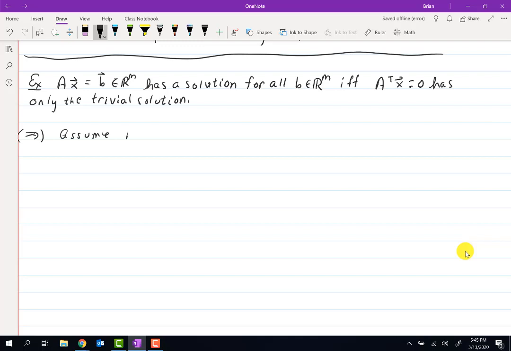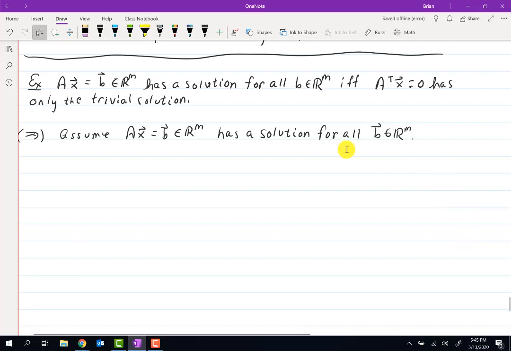that AX equals B, which is in R^m, has a solution for all B in R^m. Well, since B is in R^m, we know that A has m rows.